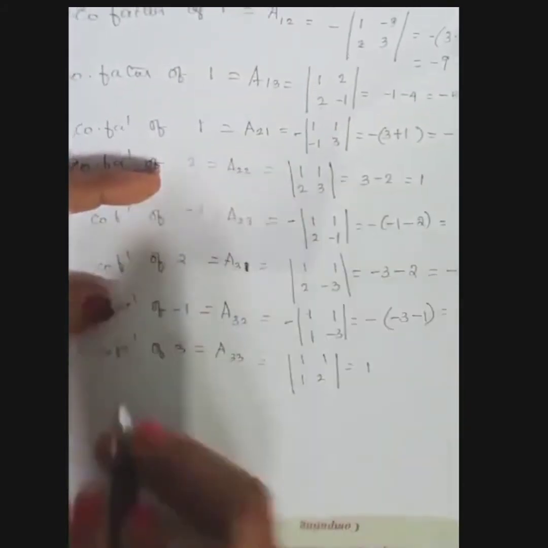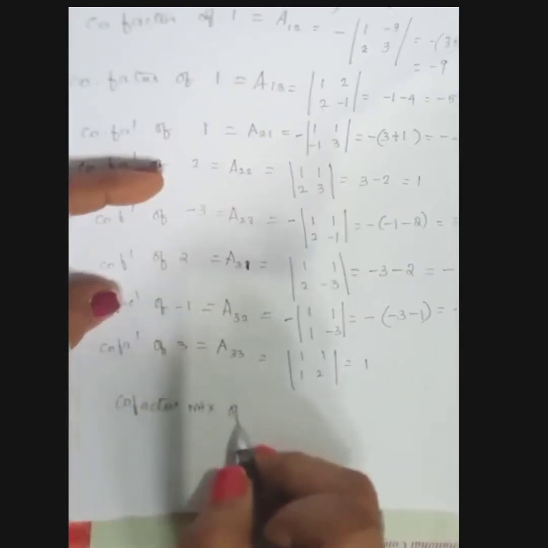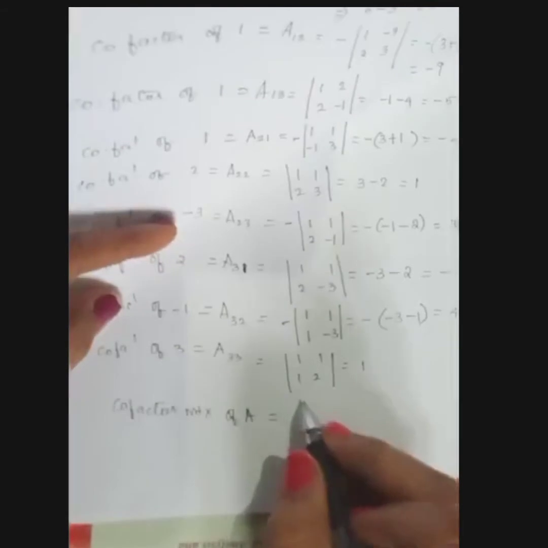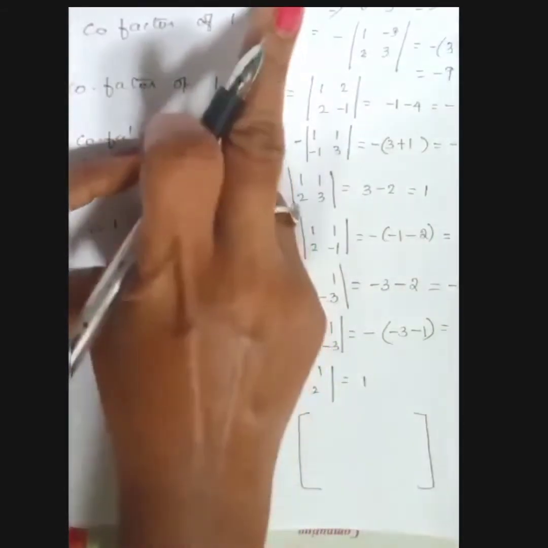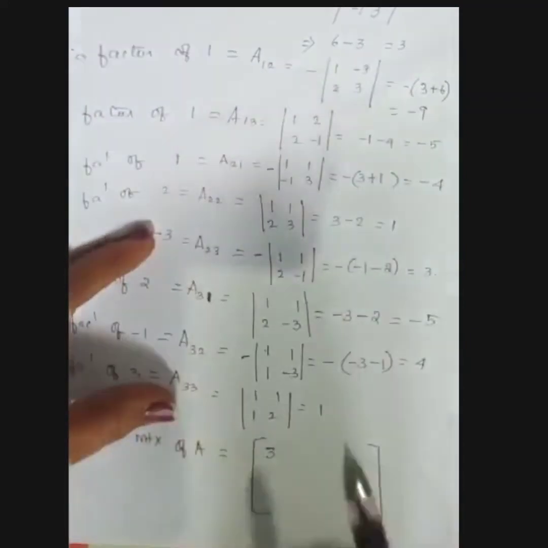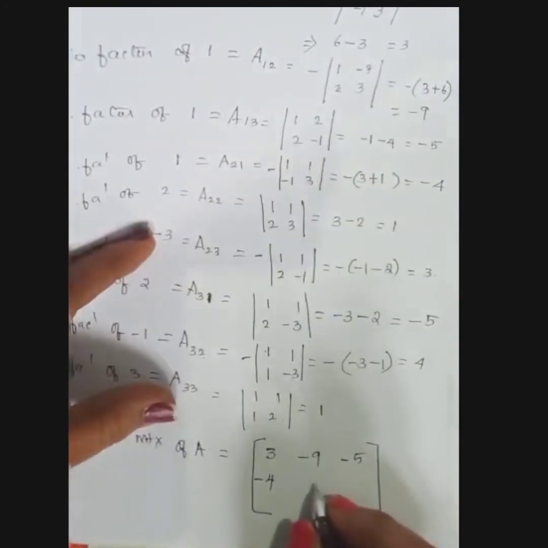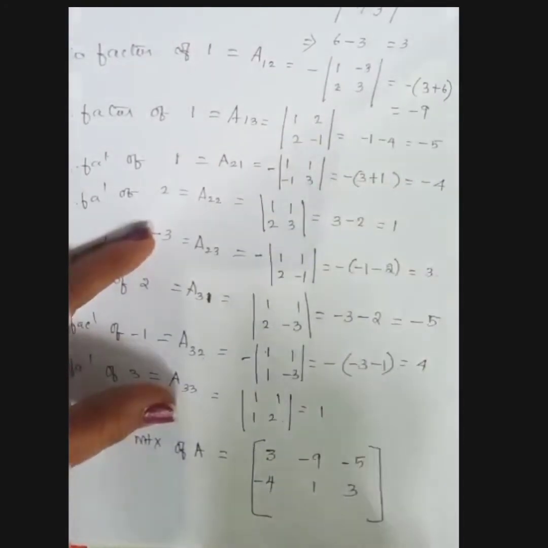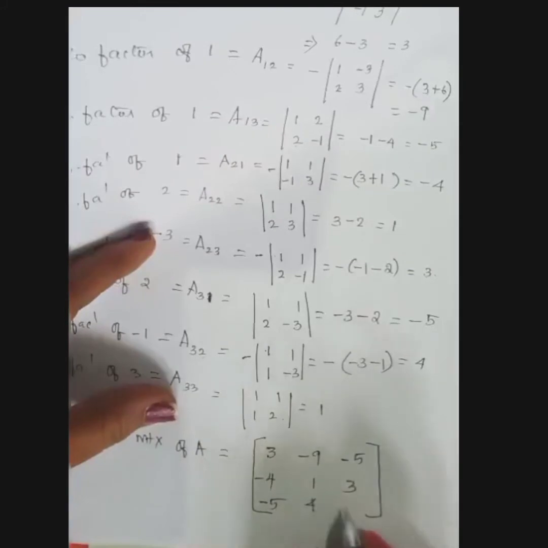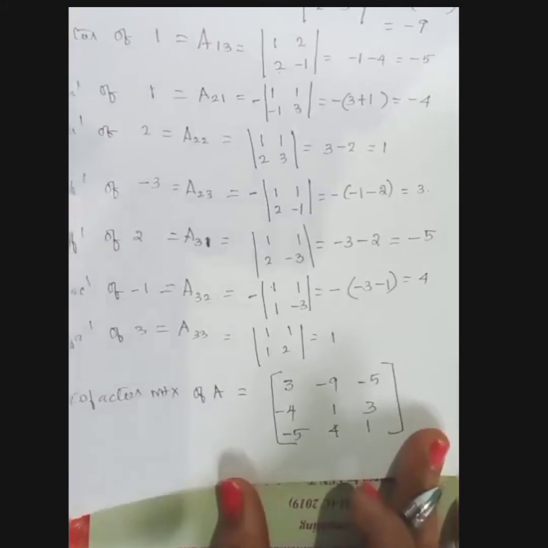Now we can write the cofactor matrix of A: 3, minus 9, minus 5, then minus 4, 1, 3, then minus 5, 4, 1. Then we are going to find out the adjoint of the matrix.